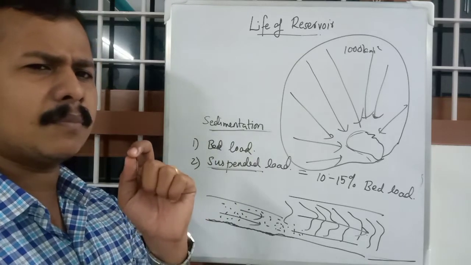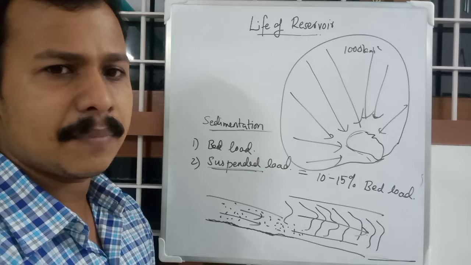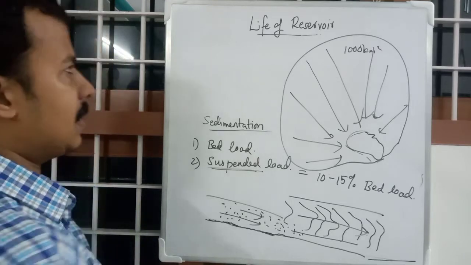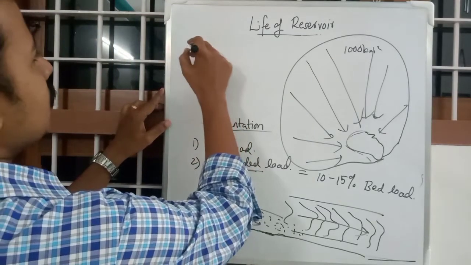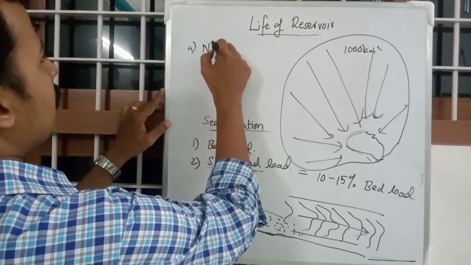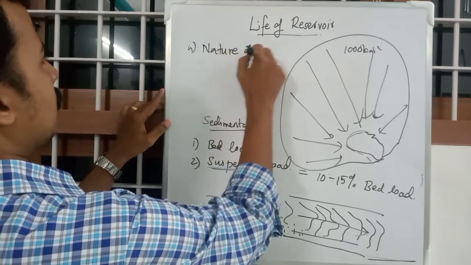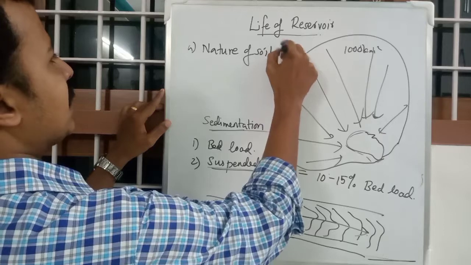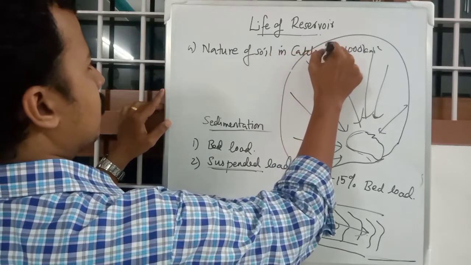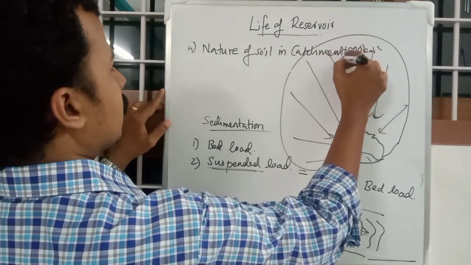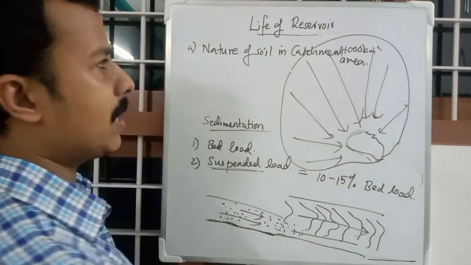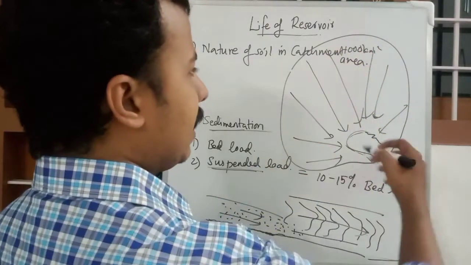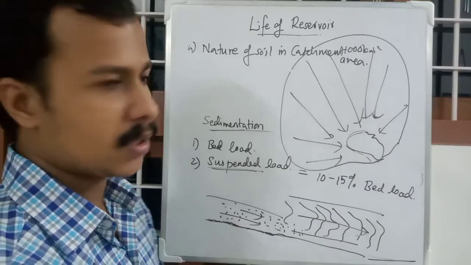And what are the main factors that affect sedimentation? The factors are, A, nature of soil in catchment area. Catchment area is the big area from which water flows into the reservoir.